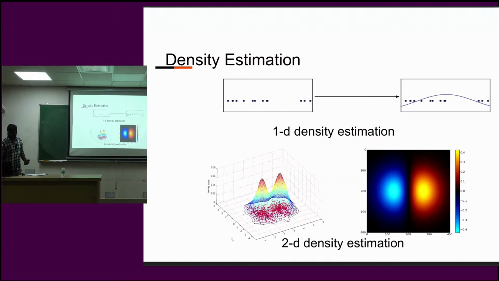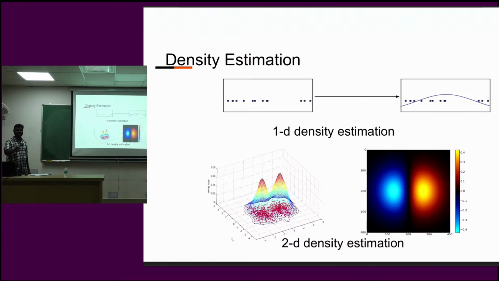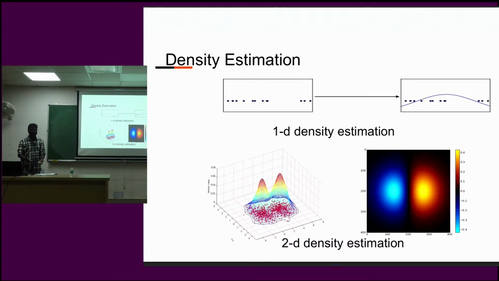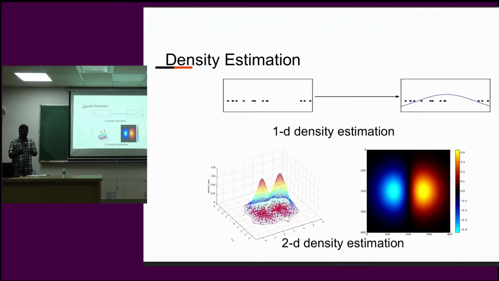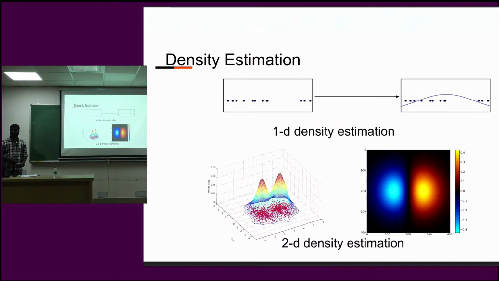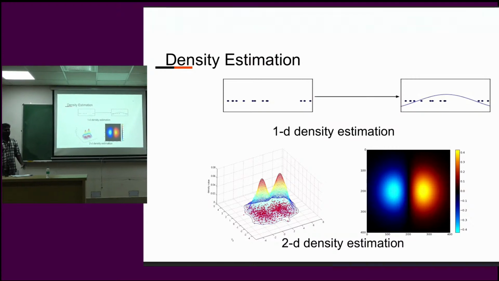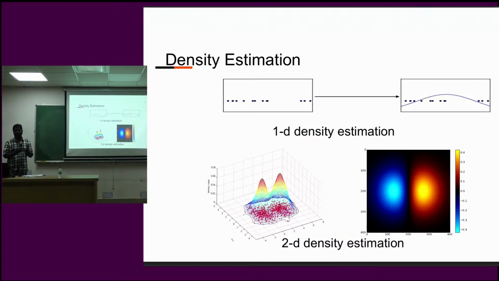Another way of looking at the structure of the data is to estimate the density, right? What are the methods available for estimating the density? We have parametric methods, non-parametric methods, many ways to estimate the density. But these density approaches give you explicit formulas.